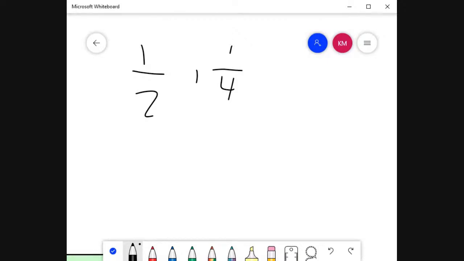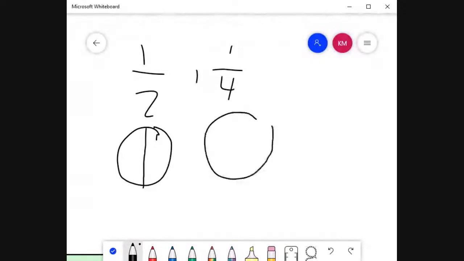The reason being is, say for instance, I have a cookie compared to me having another cookie, and I cut it in 4 pieces.